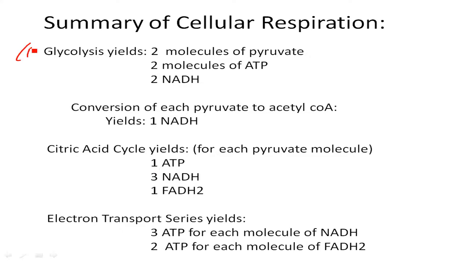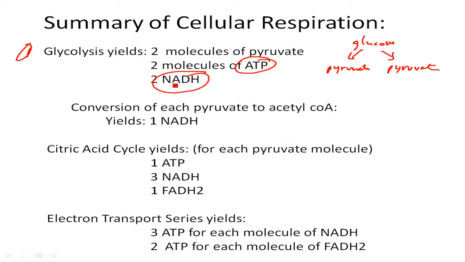So if you start with our first step, which is glycolysis, you start with glucose, you go to those 2 molecules of pyruvate, and that process is going to release some energy, so you're going to get some ATP and some NADH in the process. But you still have your 2 molecules of pyruvate. So at the end of glycolysis, that's what you have: 2 molecules of pyruvate, a little bit of ATP, and some NADH, which has some stored energy in it that we're going to get later on.